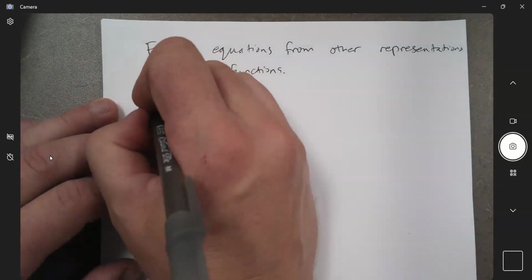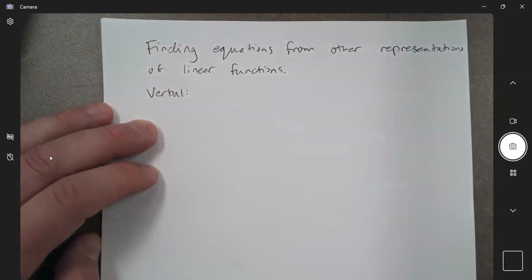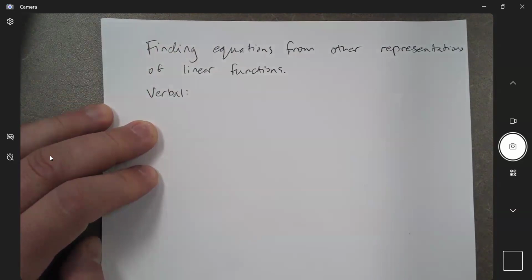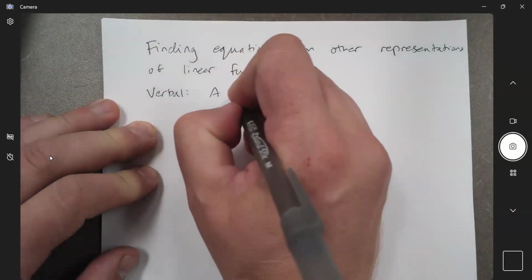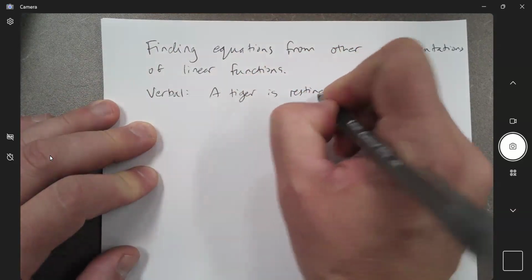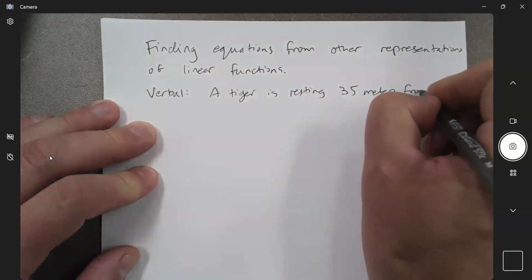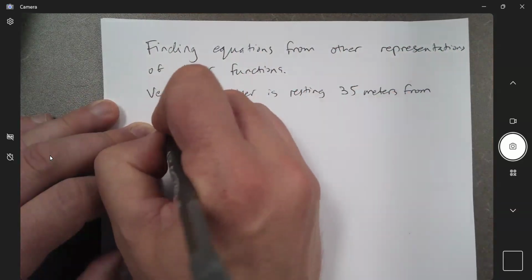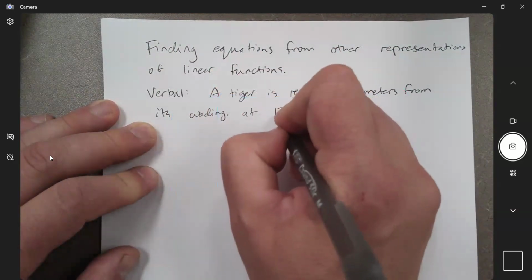Let's start with verbal. This is just actually going to be a recap of, or like another example of what I just did. A tiger is resting 35 meters from its wading pool at 12 o'clock.